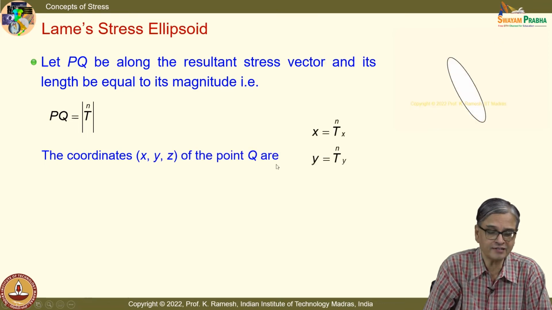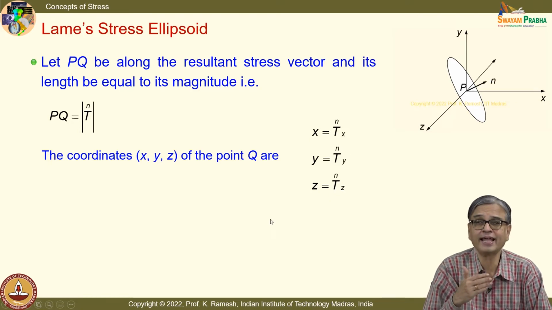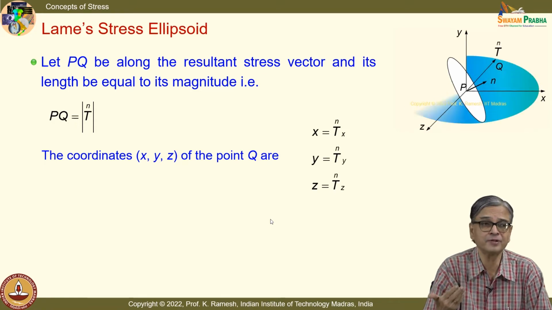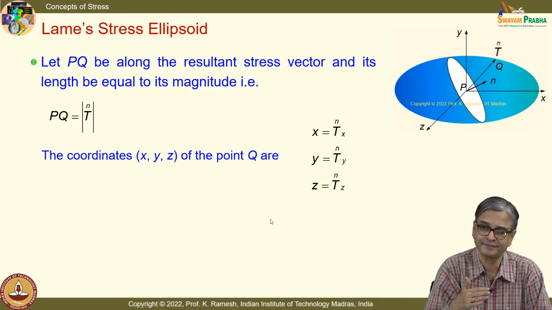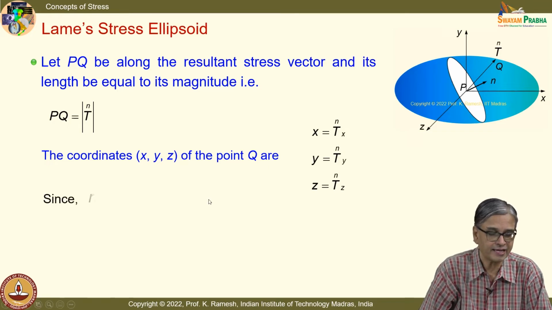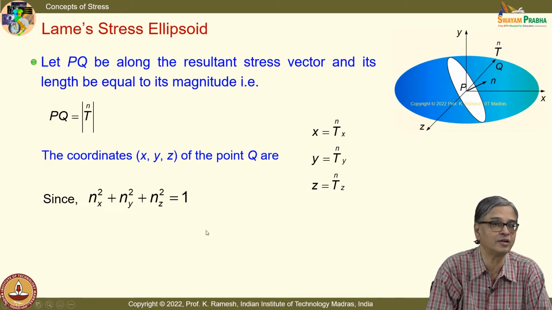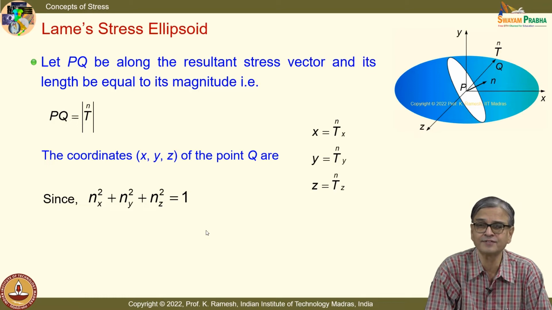The coordinates are nothing but Tnx, Tny and Tnz, and you know the expression for Tnx in terms of the principal stress and the direction cosine. And you also have an identity that nx squared plus ny squared plus nz squared equals 1, which is very well known when you look at the direction cosines.